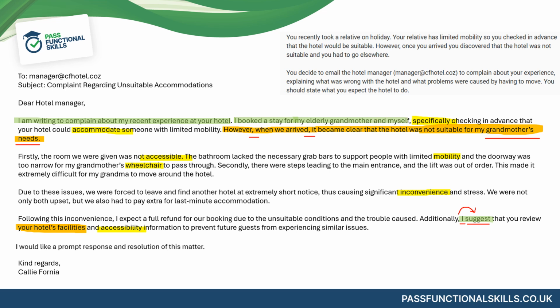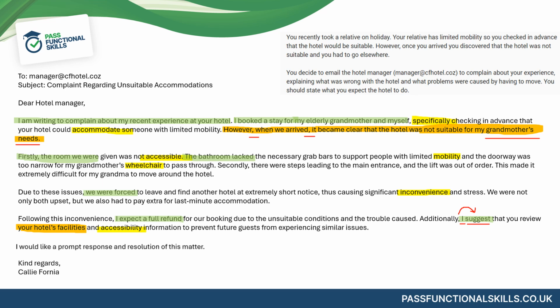The second paragraph is also in the past tense, speaking about what happened. So the room we were given, the bathroom lacked. And also in the third paragraph, they carry on saying we were forced. So again, in the past tense. Then towards the end, we switch back to the present tense. So I expect a full refund. I suggest.